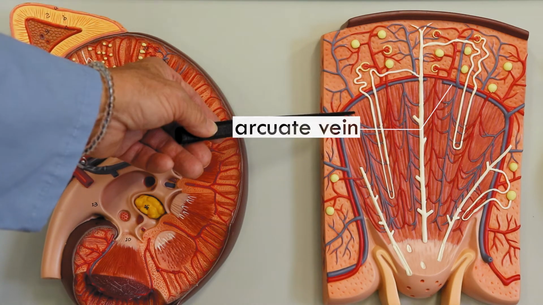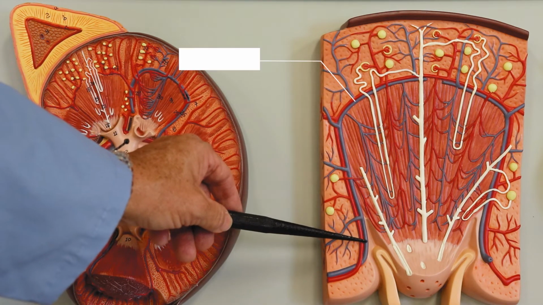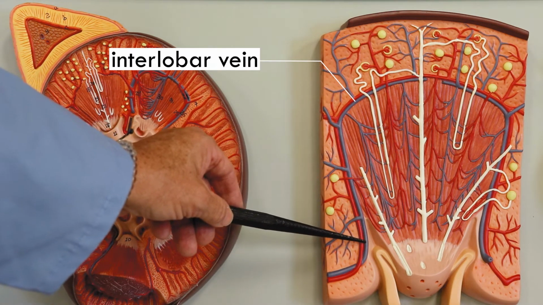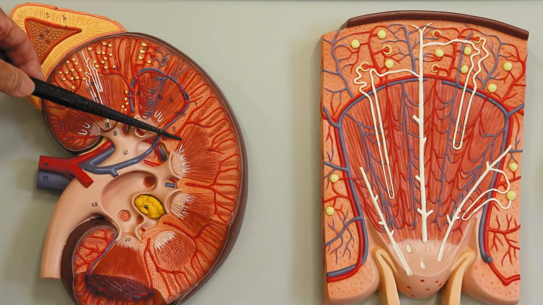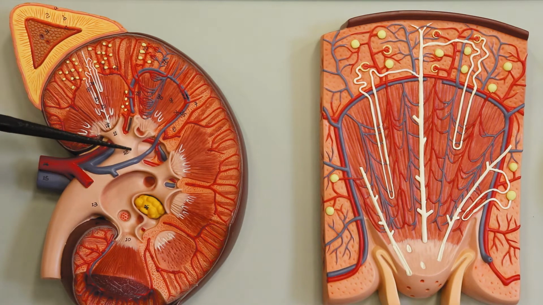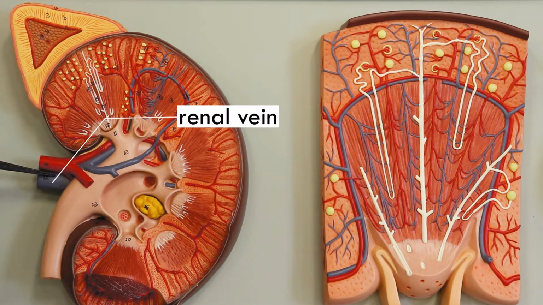The arcuate vein empties into the interlobar veins. And unlike in the arterial system, the interlobar veins do not empty into segmental veins. The interlobar veins empty directly into the renal vein.